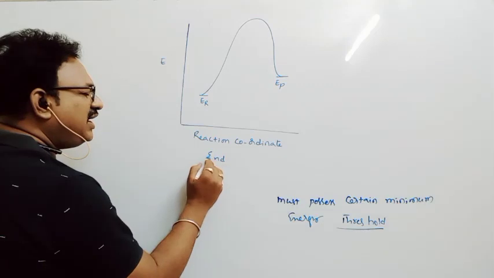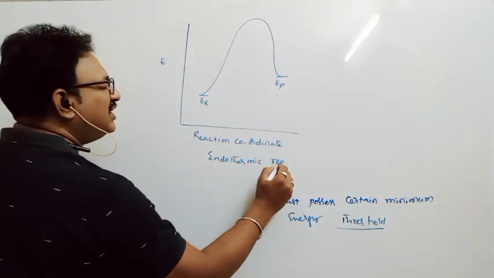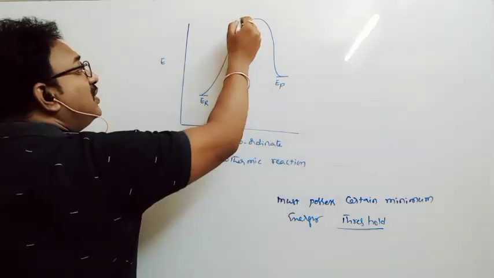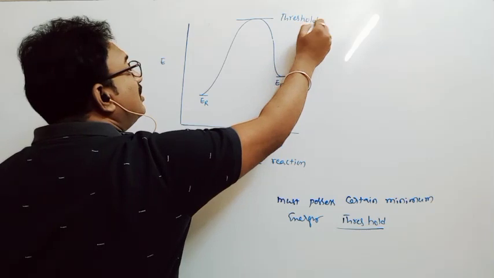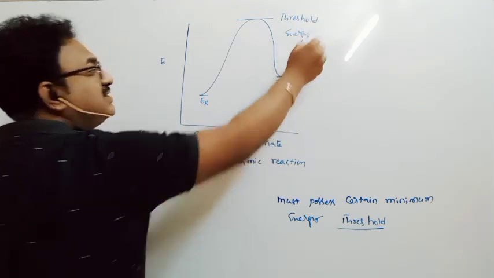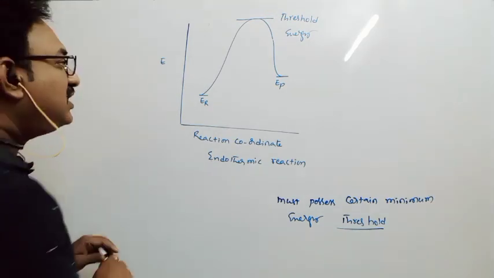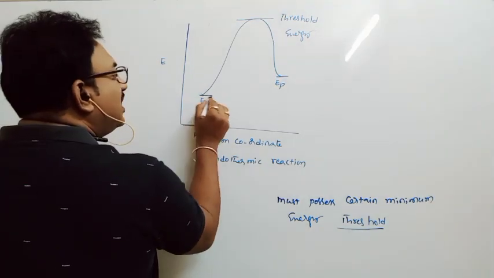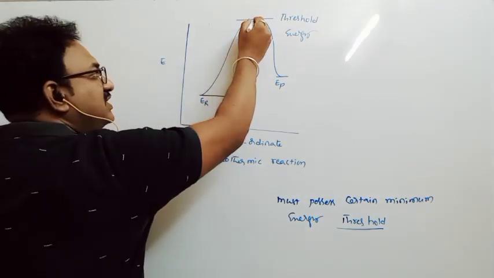No doubt it is an endothermic reaction. Okay. Now the highest point is called threshold energy. The highest point is considered to be threshold energy. Then this is the energy of normal molecule. This is the energy of normal molecule, and this is threshold energy.